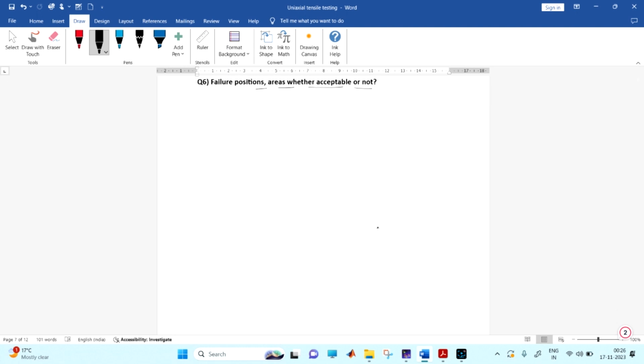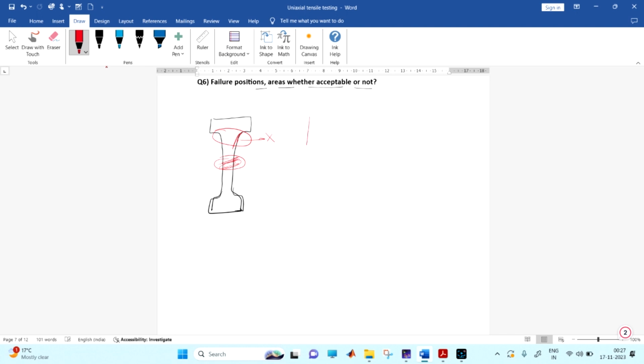I have already explained: if we have a sample with the dog bone shape, just a rough sample, and your sample fails in the higher fillet areas where this radius is, then you have made some mistake, because at the gauge length the area is lesser. It must fail somewhere near the gauge length. It must not fail here.